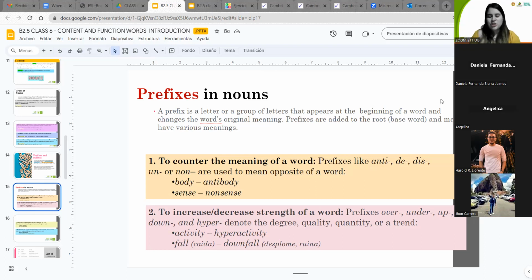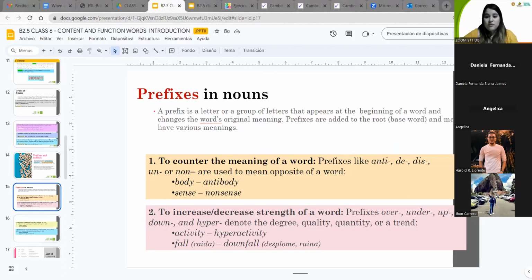Spanish can be our friend here. It's not 100% accurate, but we can use Spanish as a tool, because sometimes it's almost the same. So we have prefixes and nouns.